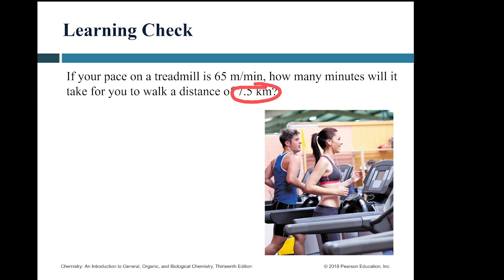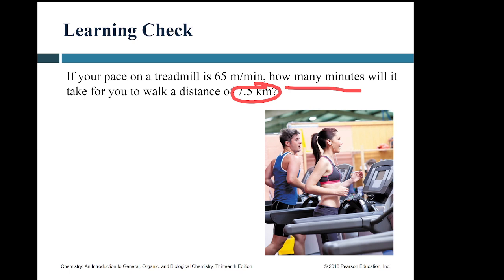And then what do we need? We need time, right? How many minutes? So somehow we need to go from a distance to a time, don't we? So we're walking 65 meters per minute on the treadmill.